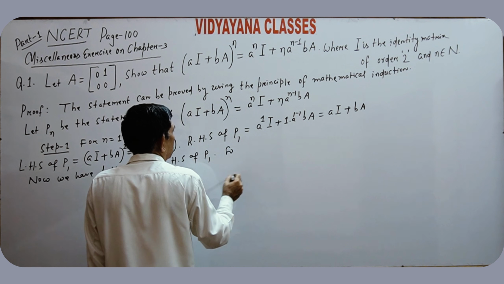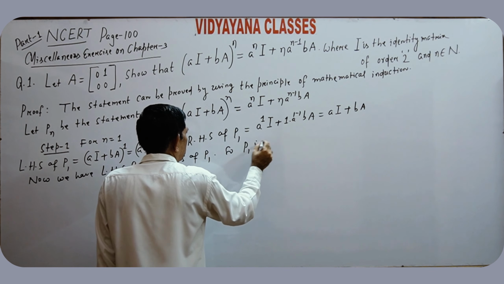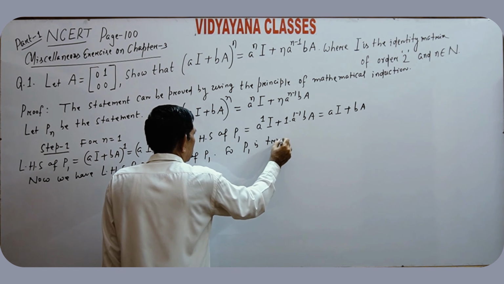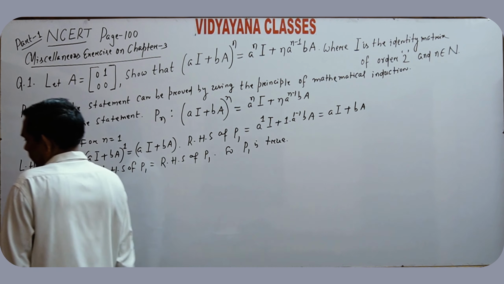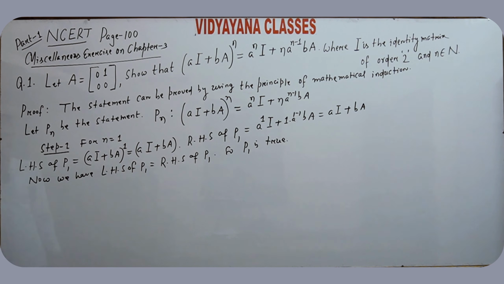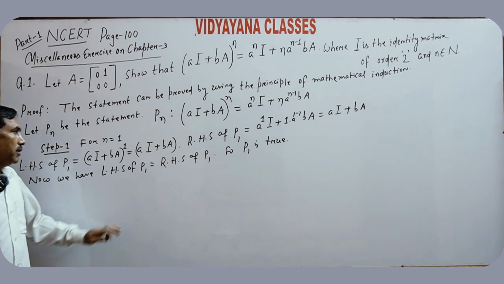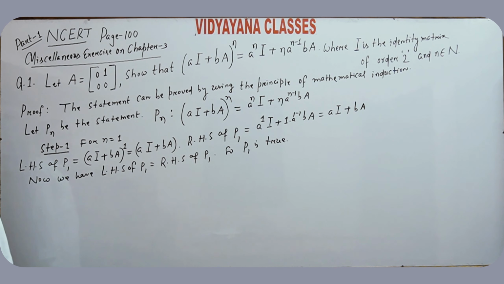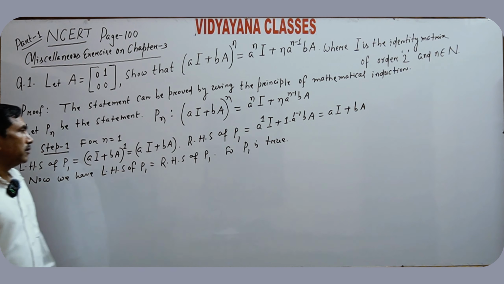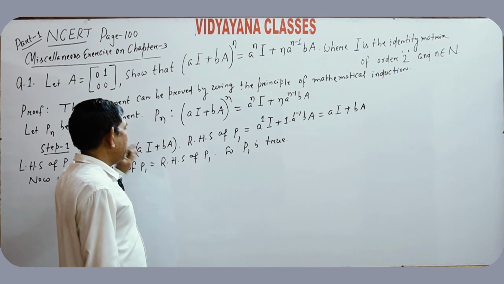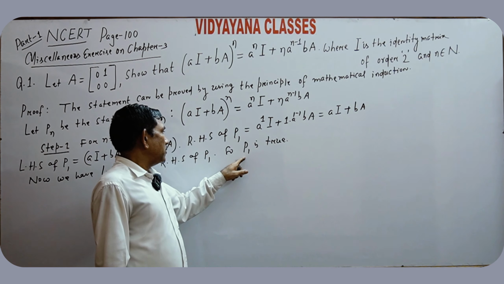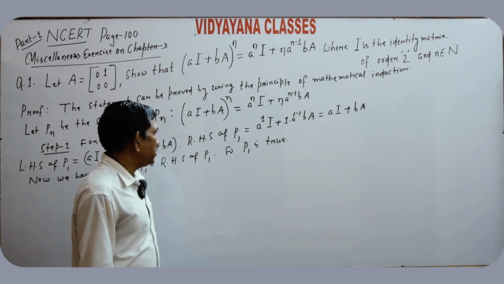So P1 is true. In mathematical induction, the first step must be proved. For n is equal to 1, P1 is the statement which is true.